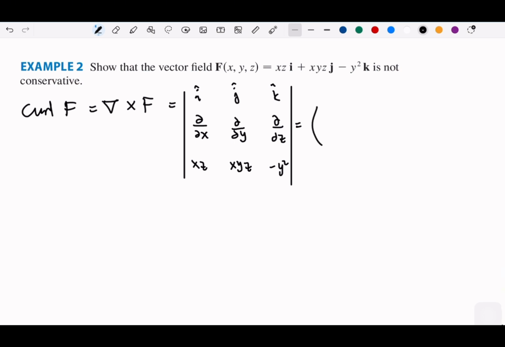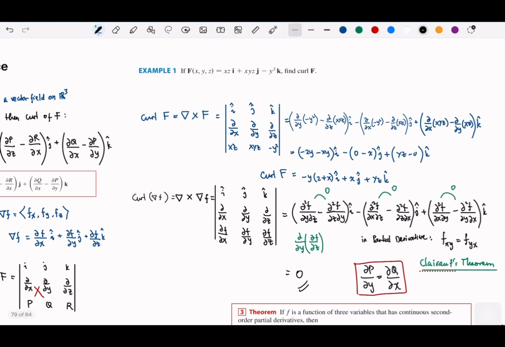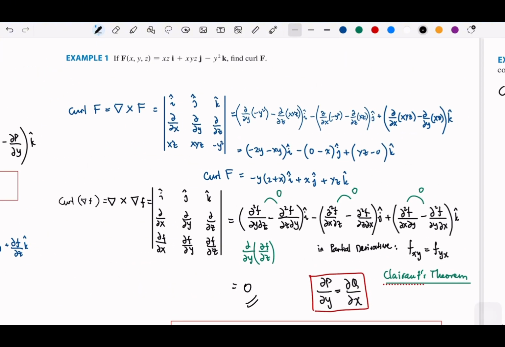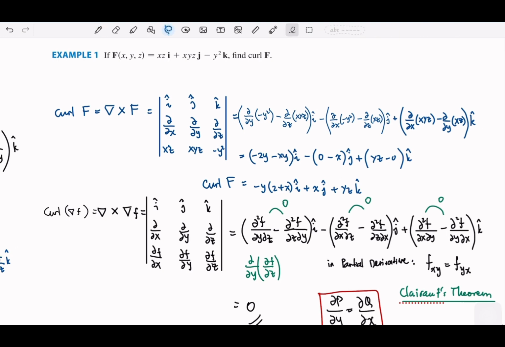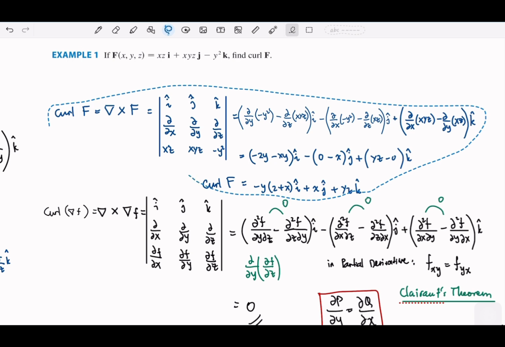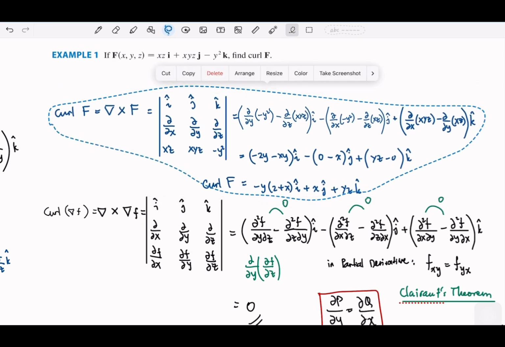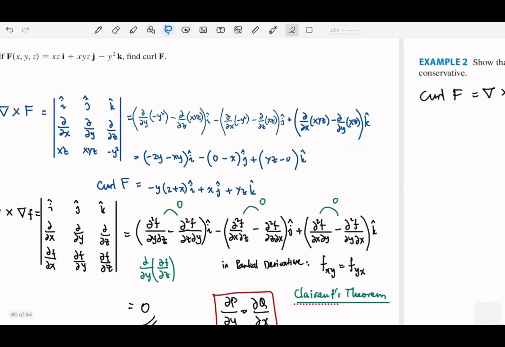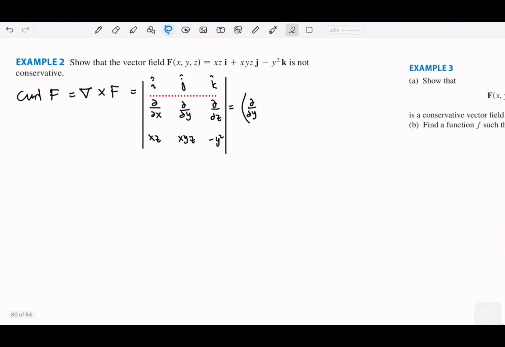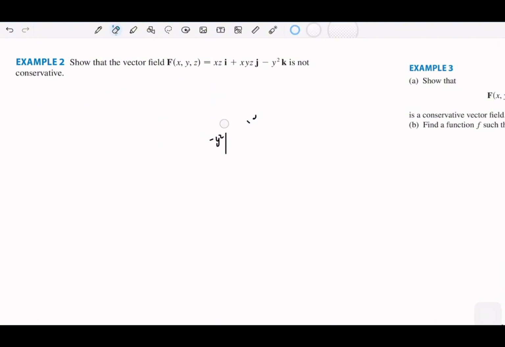This will be ∂y. I think we have done this, right? Is this the same? Oh, it's the same. So I think I will just copy this. Since this is the same example, I thought it was different.